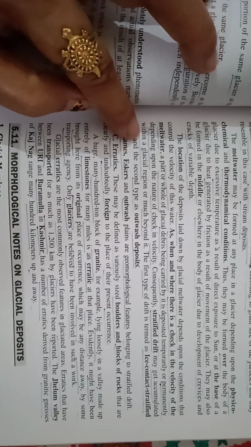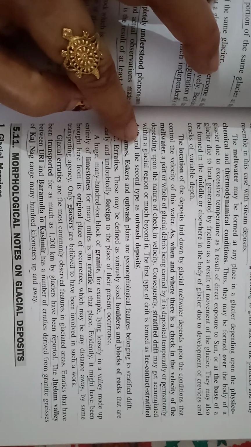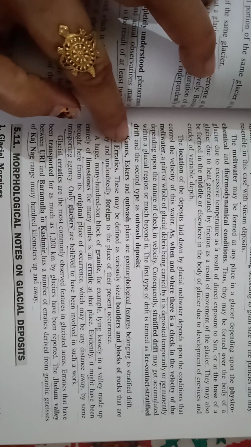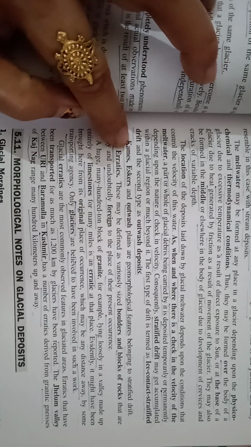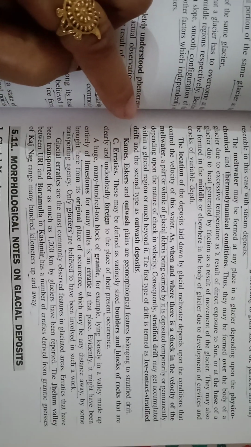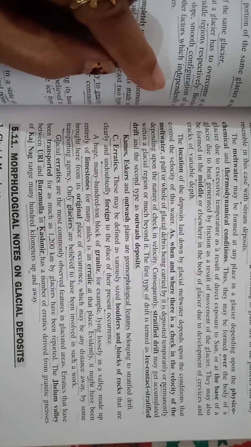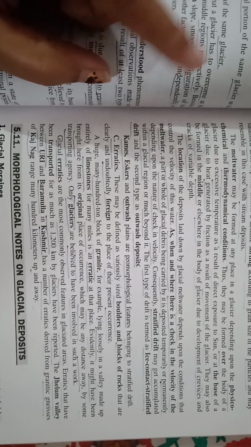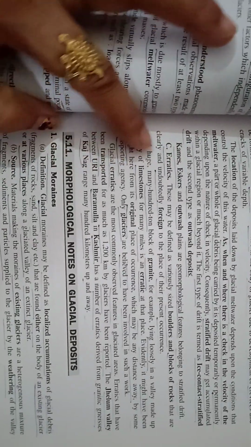Consequently, stratified drift may get accumulated within a glacial region or much beyond it. The first type of drift is termed as ice contact stratified drift, and the second type as outwash deposits. Kames, eskers, and outwash plains are geomorphological features belonging to stratified drift.